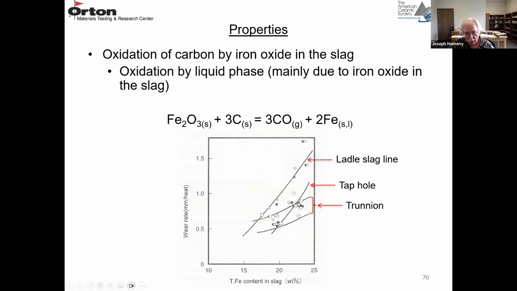So the tap hole location in a basic oxygen furnace, the trunnion locations, the trunnions are the pivots on the side of the vessel for tilting the vessel for removing the steel or the slag. And then also here's an application at a ladle slag line. But you can see in all these cases, as the Fe2O3 content in the slag increases, the wear rate increases.